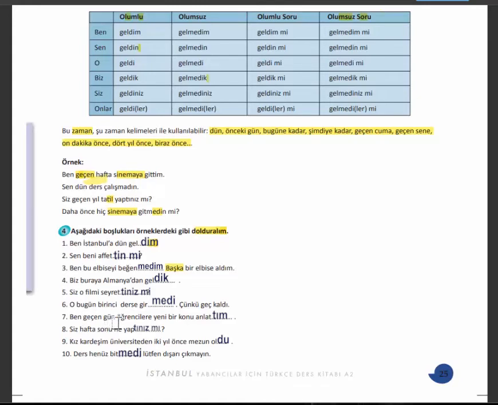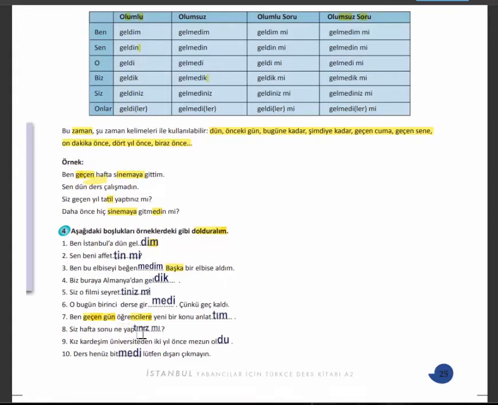Ben geçen gün, I past day, öğrencilere, to the students, yeni bir konu, a new topic, anlattım. I told the students a new topic, geçen gün, the other day. Siz hafta sonu, weekend, ne yaptınız?